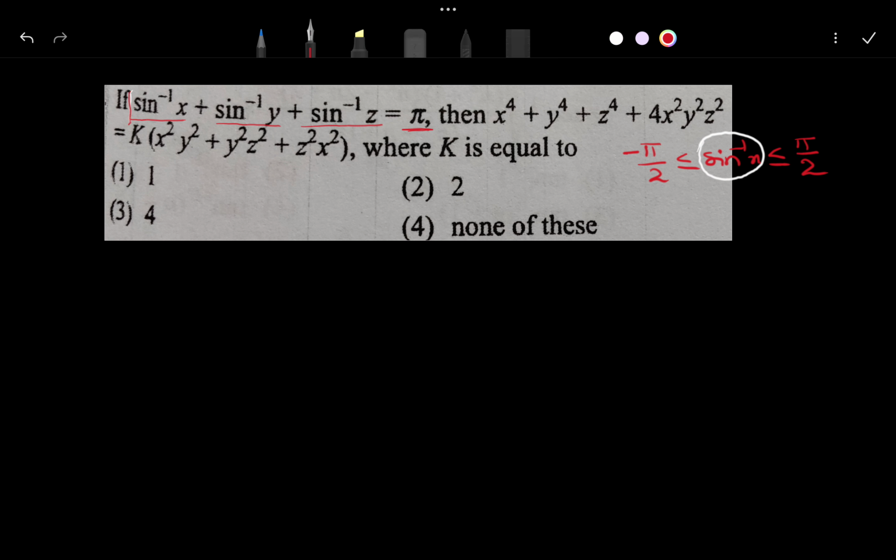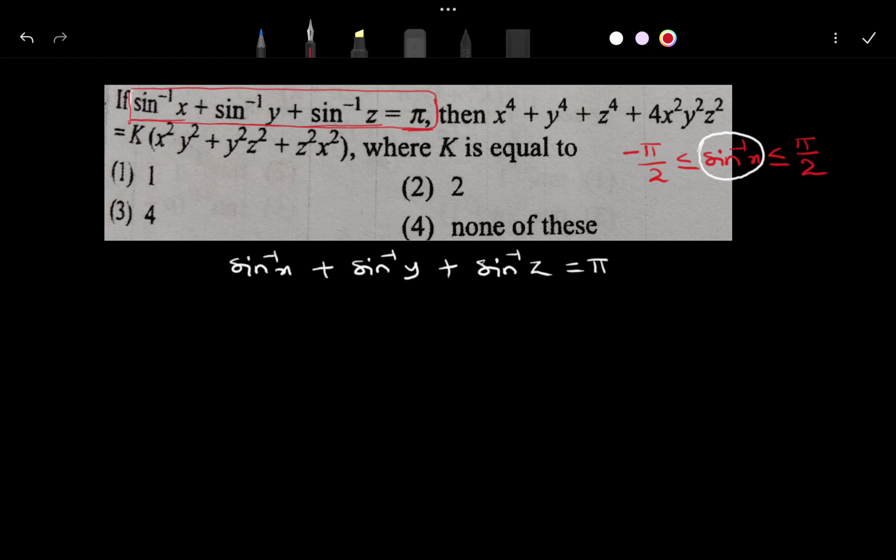Here sin inverse of x plus sin inverse of y plus sin inverse of z is equal to pi. This is the given expression.